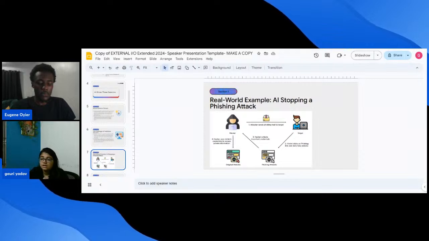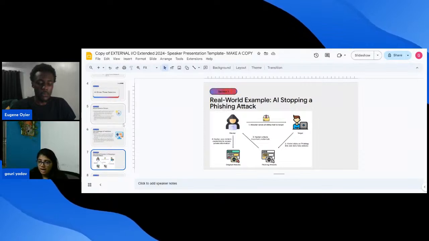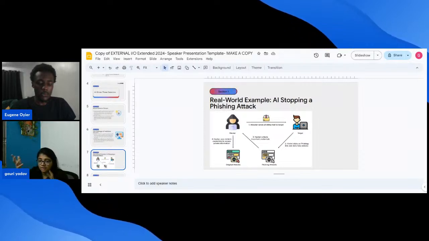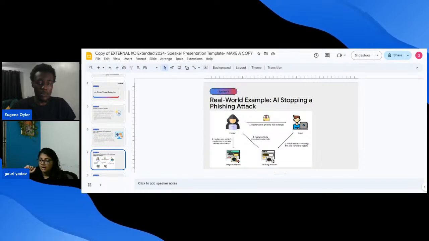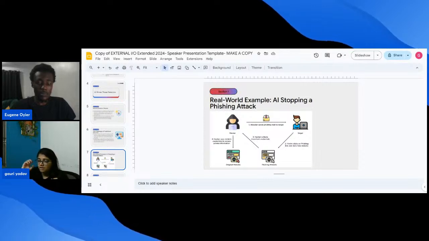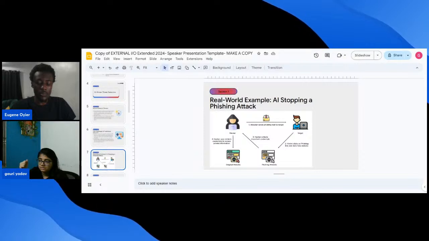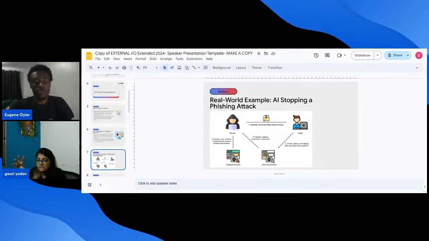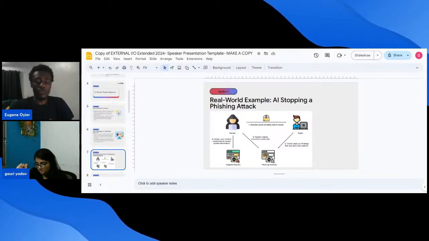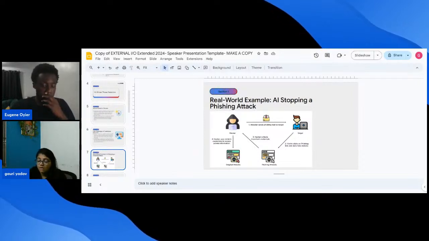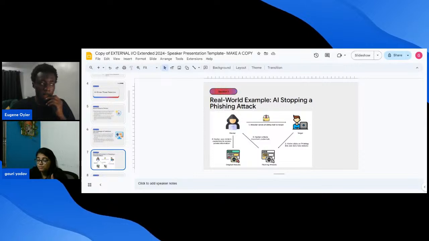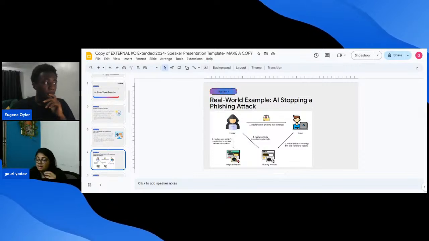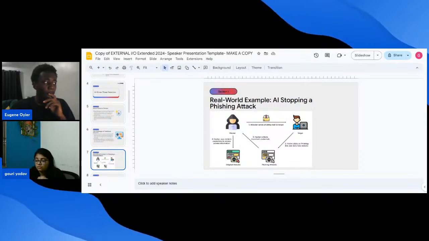For example, you have your bank account, and the email says that you have made this amount of transaction or this amount of money has been added to your account. Now if you click on the link, you would be redirected to a website that would collect all of your phone's data.